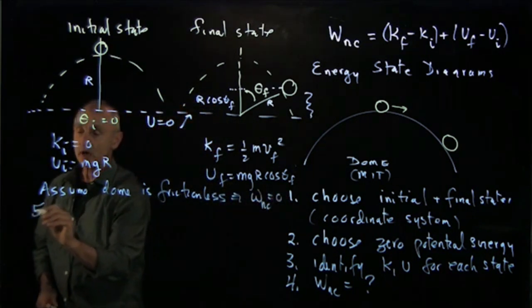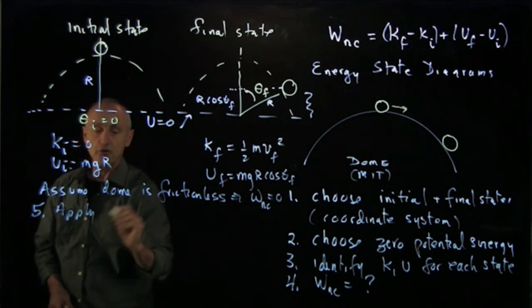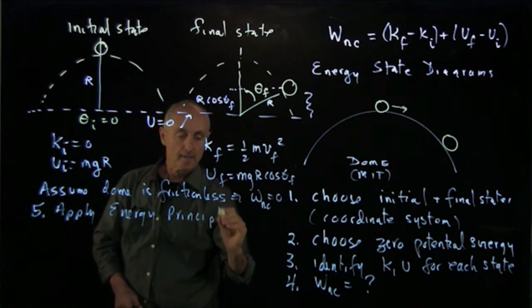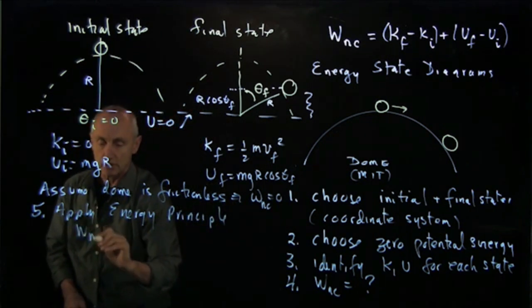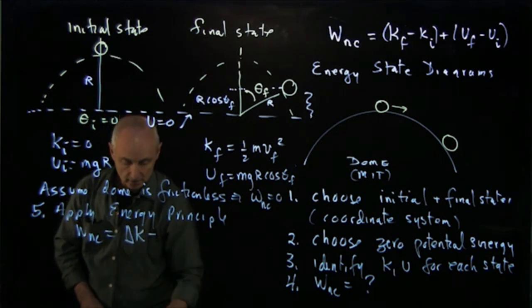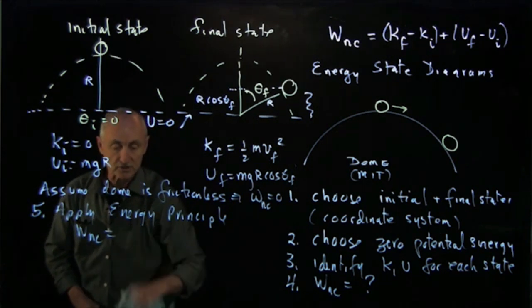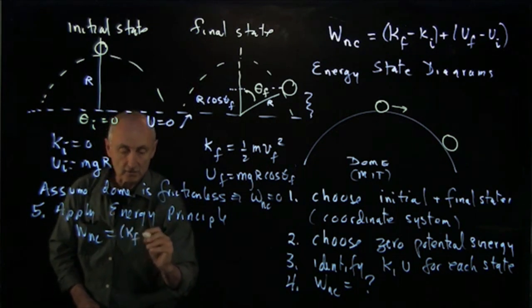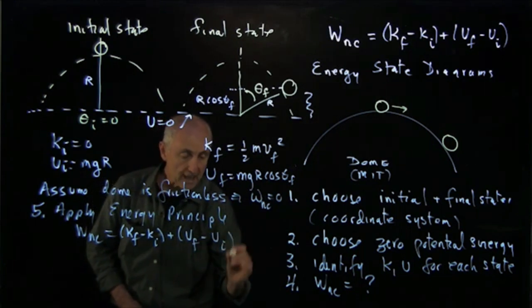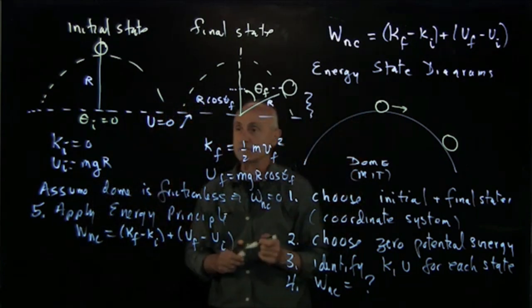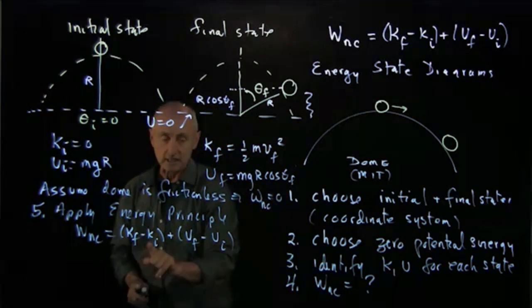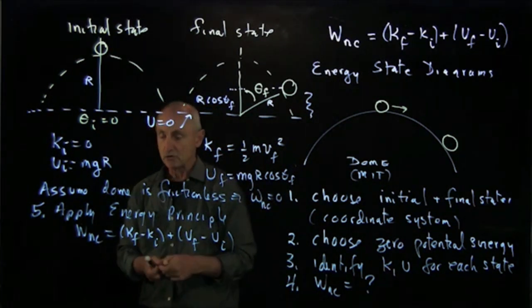And our last step 5 is we can apply the energy principle, which is W non-conservative equals delta K. Let's write it out, everything explicit now that we've defined K final minus K initial plus U final minus U initial. And you see the power of these diagrams and this methodology is, we've now defined very explicitly every single term that appears in the energy principle.